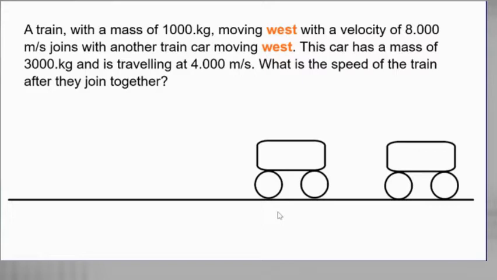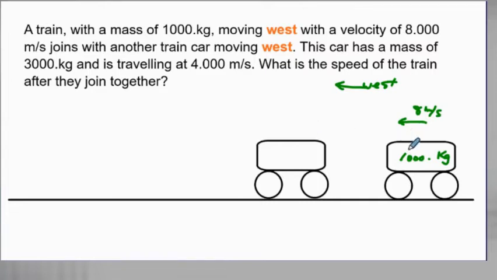We figured out how to find the total momentum, so let's use that in solving a problem. Here I see a train car, and it has a mass of 1,000 kilograms, and it's moving west. So I'm going to indicate moving to the west. I'll call that to the left. So we'll say that this is west going that way, and it has a 1,000 kilogram mass, and it's moving west at a speed of 8 meters per second.